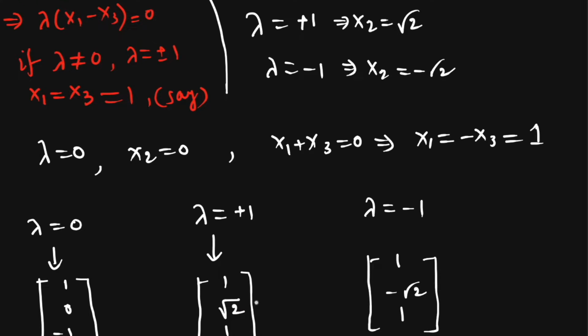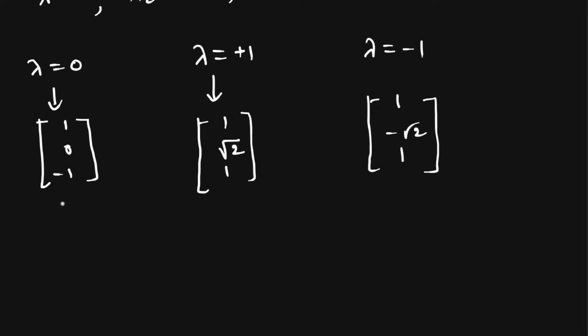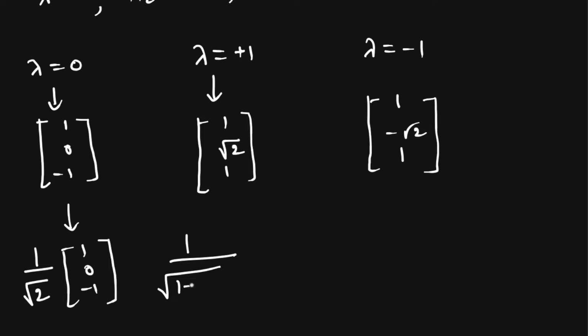Now let us normalize these three. For the first, 1 by root over 1 square plus minus 1 square, that is 1 by root 2, times (1, 0, minus 1). For the second, 1 by root over 1 plus 2 plus 1, which is nothing but 1 by 2, times (1, root 2, 1).